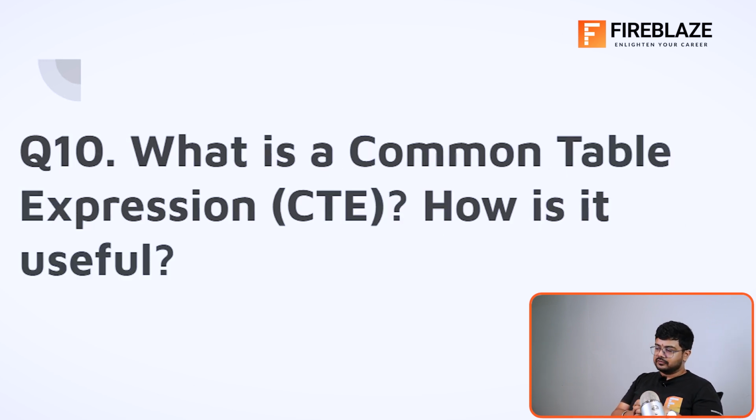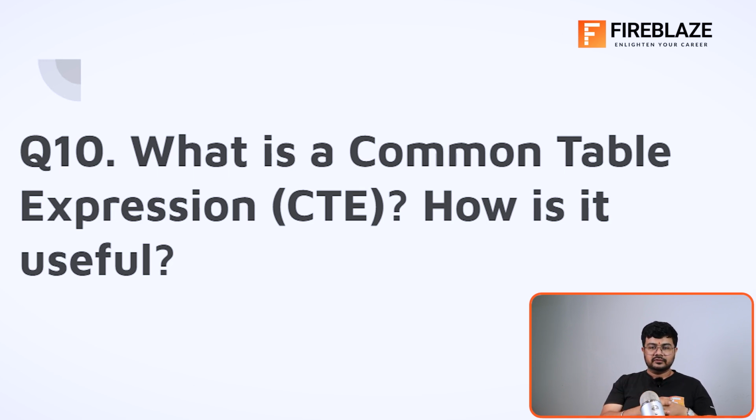Moving on to the last question in this video: what is a common table expression and how is it useful? Alright. Okay. So a common table expression is an expression that we use when we have to reduce the redundancy in the query. For example, if I have a query that I need to run several times in my main query, sometimes this query is not properly readable, and using this query multiple times will only make me as well as the reader confused about it.